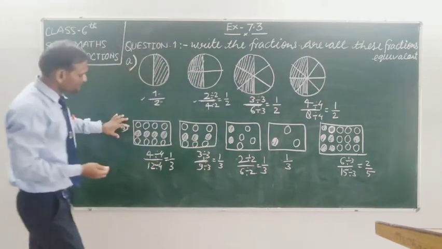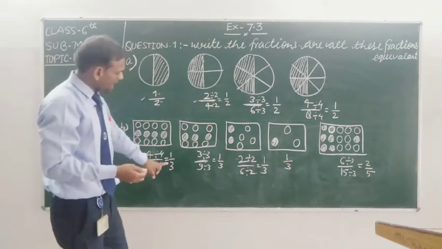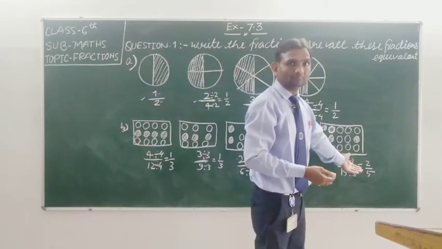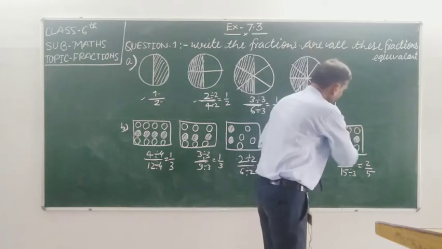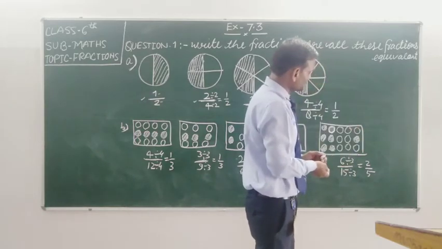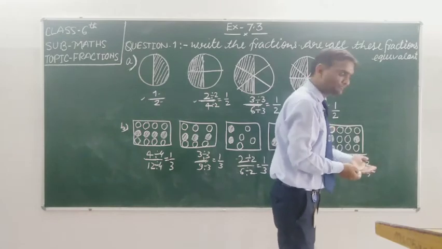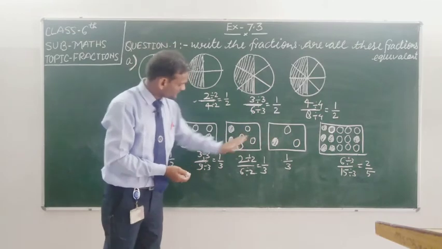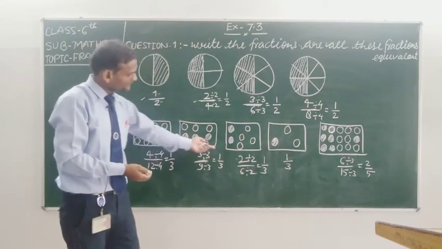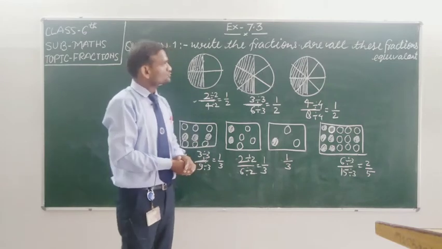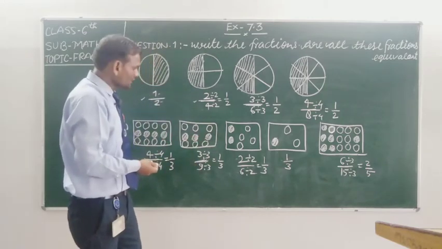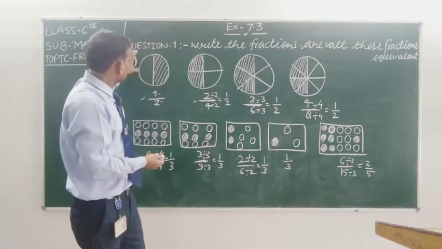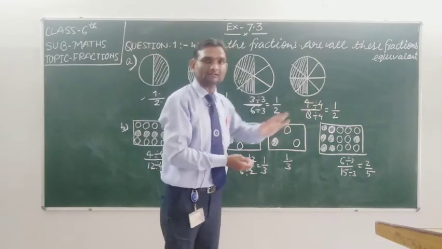And in part B you are seeing that all fractions are not equivalent, because in the last figure you are getting the fraction 2 by 5, and in the fourth figure you are getting the fraction 1 by 3. So students, in part B all fractions are not equivalent, and in part A all fractions are equivalent.